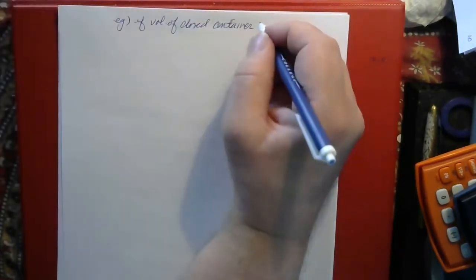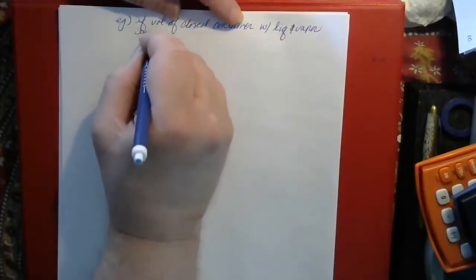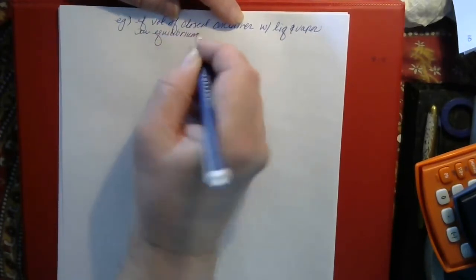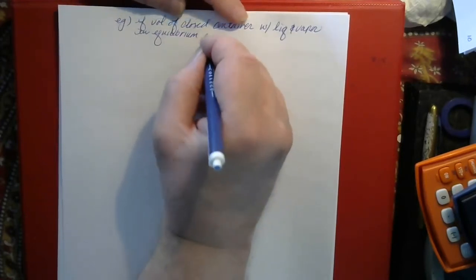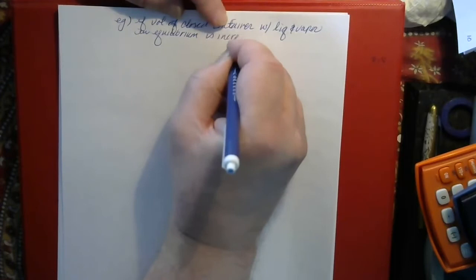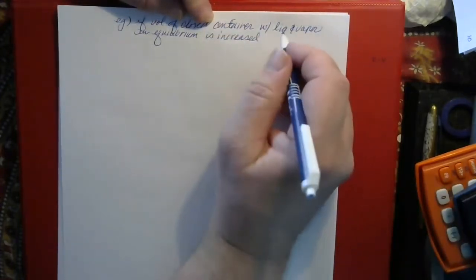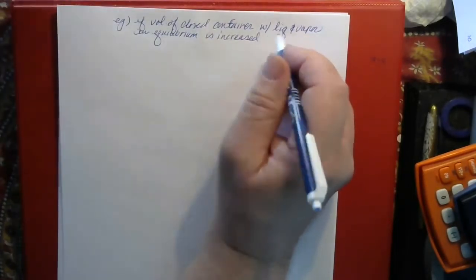So if the volume of the closed container with liquid and vapor in equilibrium is increased without opening it up, then what will happen is the pressure of the vapor above the liquid will drop.